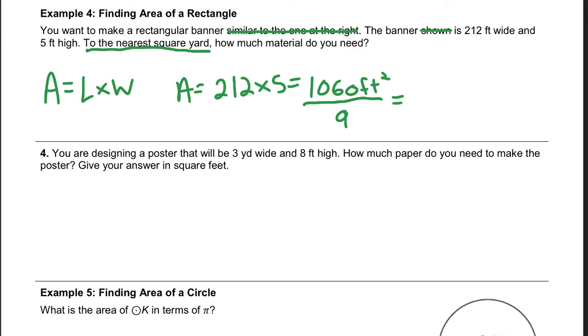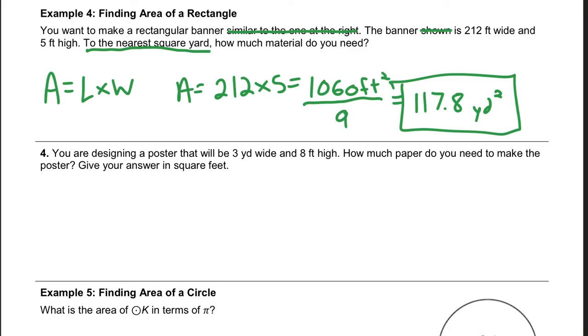Converting that from feet to yards, you divide by 9. So 1060 divided by 9 is about 117.8 square yards if we're rounding to the nearest tenth. So it's about converting units either before or after you do your calculations.